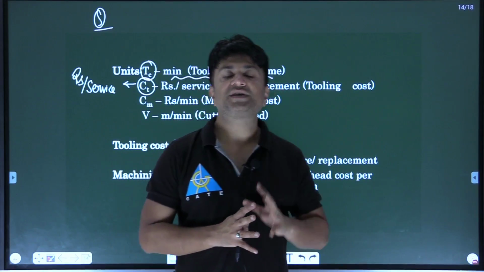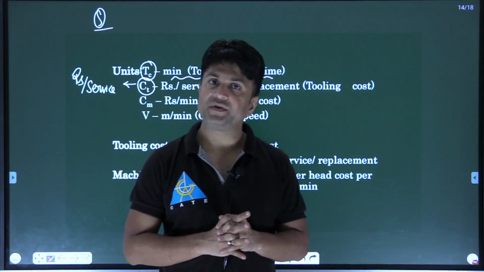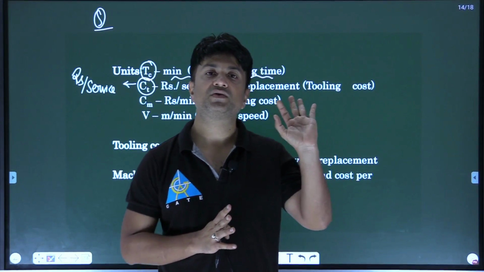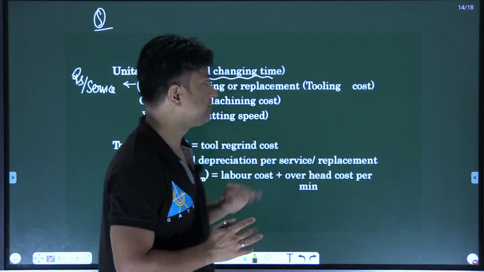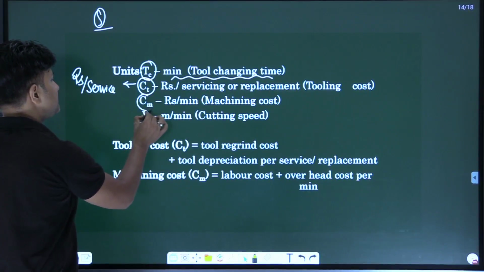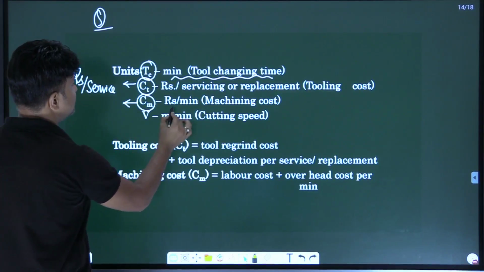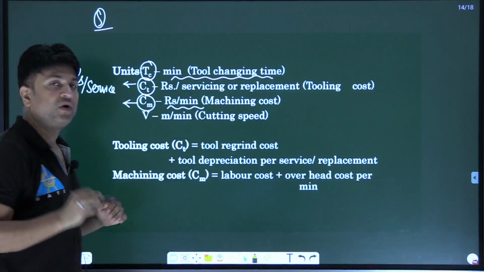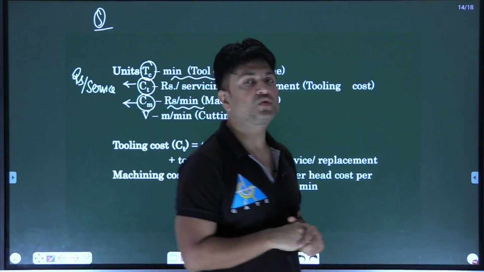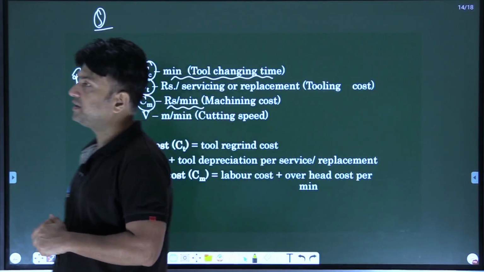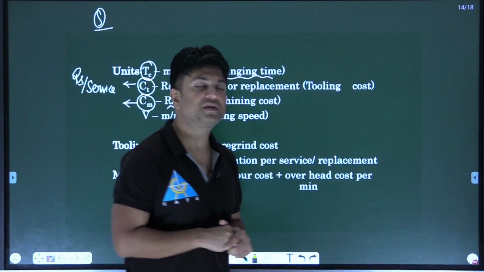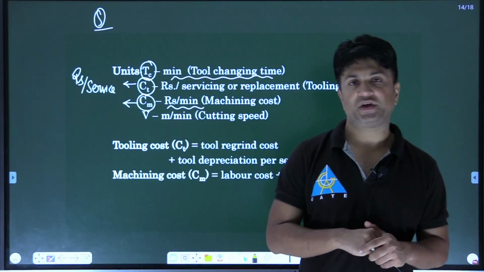The cost which has a unit of rupees per service is always your tooling cost. Simple. Got it? The next cost is your machining cost, and its unit is rupees per minute. Whatever cost you find in a question, if the unit is rupees per minute, then it is the machining cost.